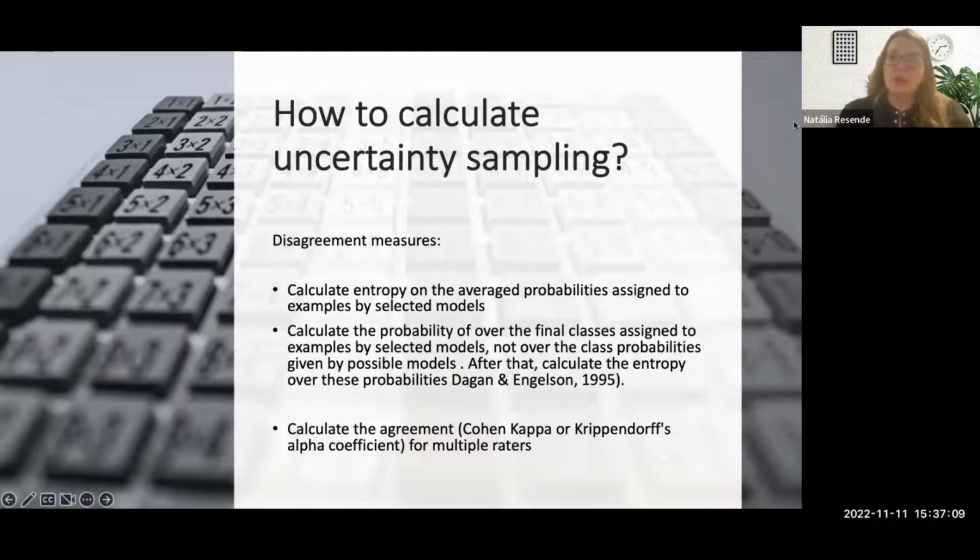Or we can also use the Krippendorff alpha coefficient for multiple models or multiple raters. Another way is to calculate the probability over the final classes assigned to examples by multiple models, right? This is very much used for models that are not probability models, especially support vector machines.